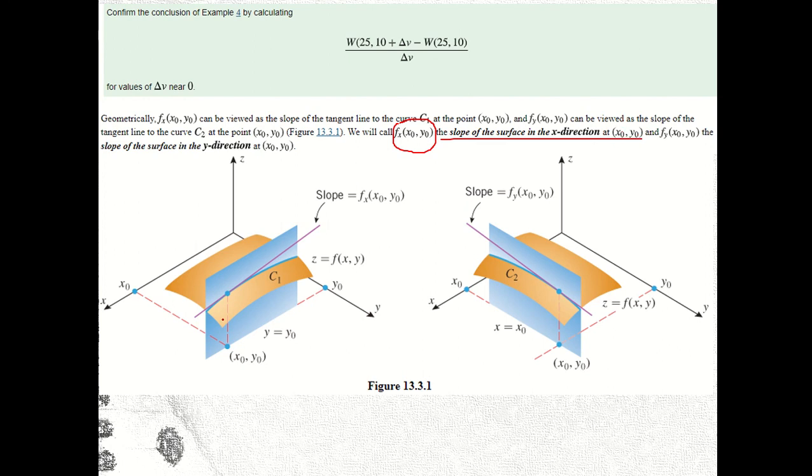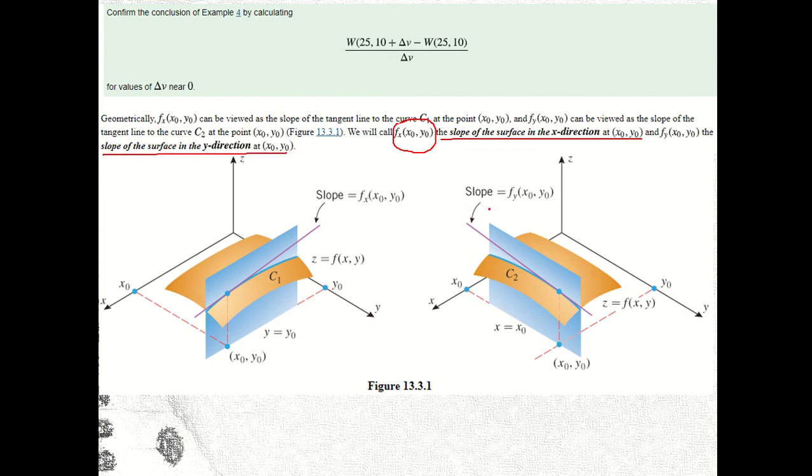So referring to this illustration here, we're referring to this slope. And the other one, the partial derivative of the given function with respect to y, is the slope of the surface in the y direction at this point.